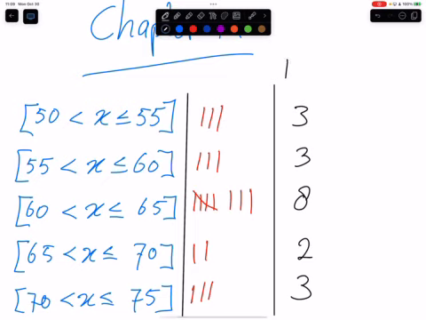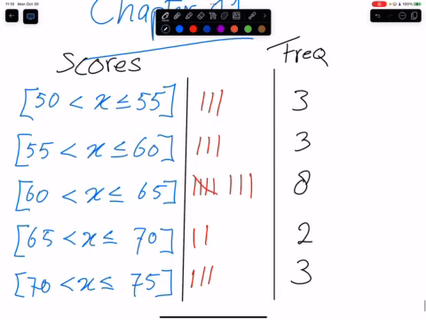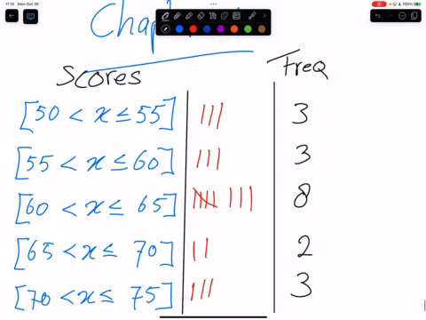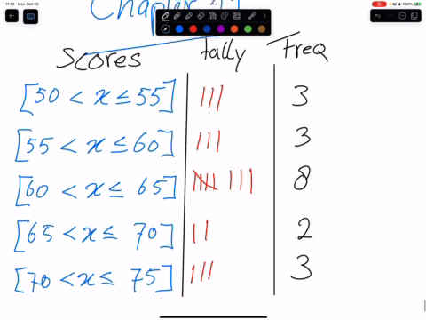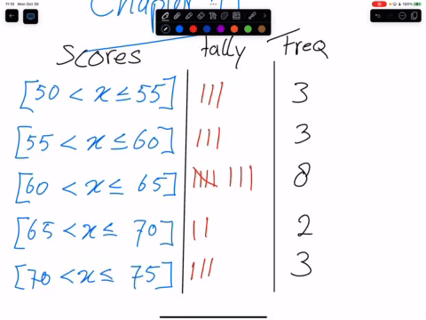Yes, this is the frequency. These are the scores. This was a paper one. So that was the frequency.